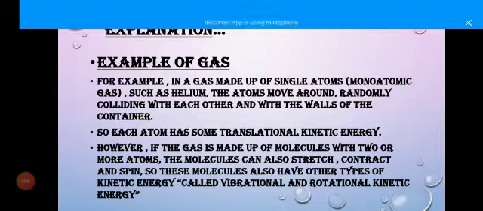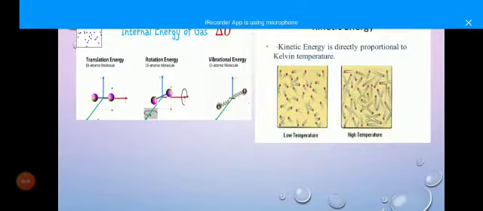However, if the gas is made up of molecules with two or more atoms, the molecules can also stretch, contract and spin. So these molecules also have other types of kinetic energy, called vibrational and rotational kinetic energy. Look at this diagram of the internal energy of a gas. The kinetic energy is directly proportional to the Kelvin temperature.